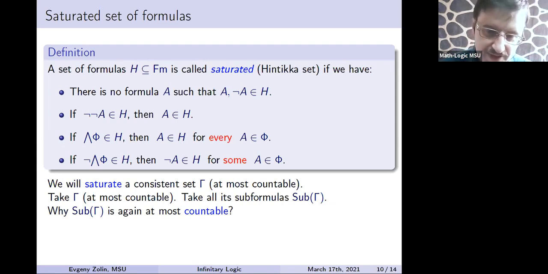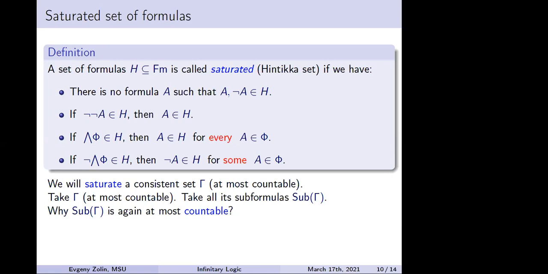If gamma is a finite set of formulas, then the set of all subformulas from gamma is a finite set. But here, if gamma is countable, is the set of all subformulas countable? Well, I think yes, because for each formula, the set of all subformulas is also at most countable, I think.